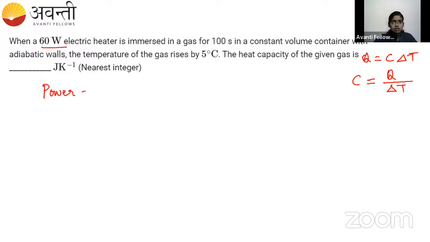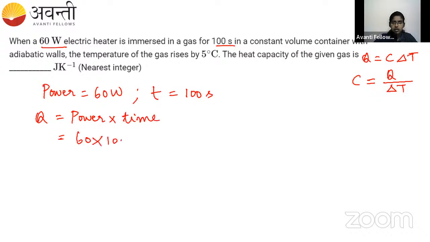Power is equal to 60 watt and time is given, so the time is equal to 100 seconds. From this we can find out the Q value. So Q will be equal to power into time, right? So it is 60 into 100. So it will be equal to 6000 joule. Q is equal to 6000 joule.